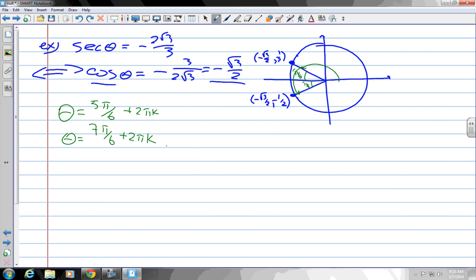How is that? Is that okay? Do you have any questions on this? How I'm playing with those angles?